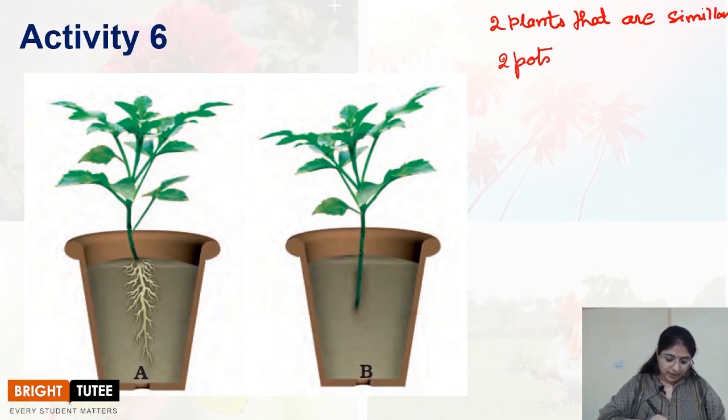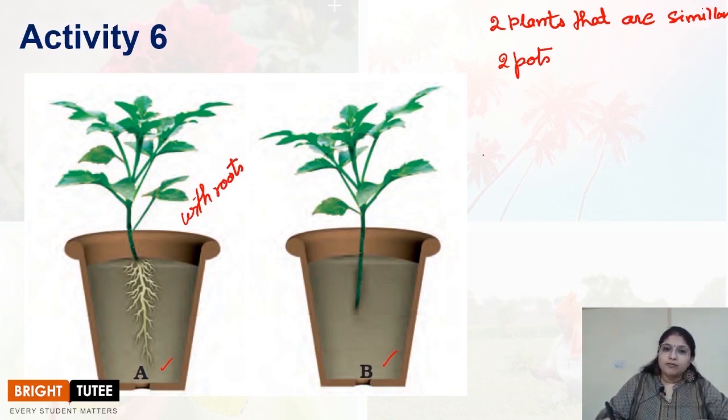So this is plant A and then this is plant B. One of the plants is with the roots. So you're going to take two plants, keep one plant with the roots, right? So this is with roots. And cut off the root of the other plant and then plant it in pot B.